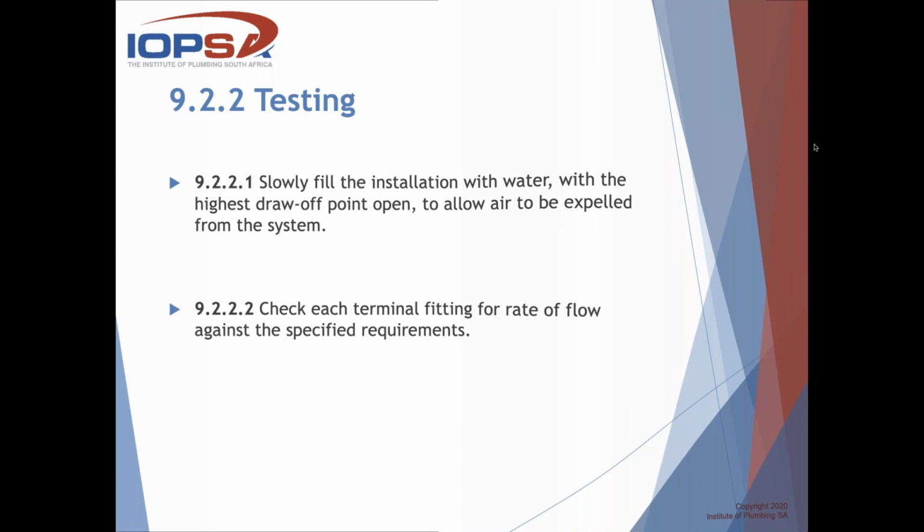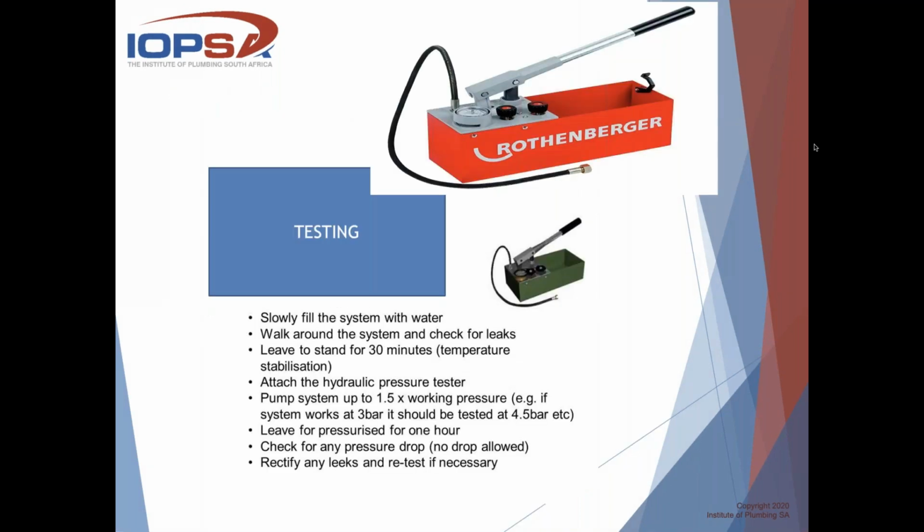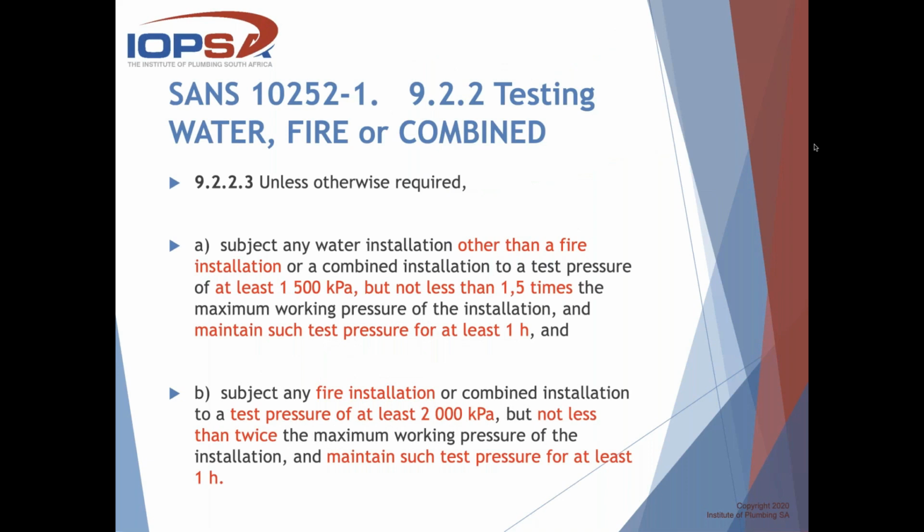So the standard says testing: water, fire, or combined. Unless otherwise required, subject any water installation other than a fire installation or combined installation (combined means where you have fire and normal domestic line in one combination) to a test pressure of at least 1.5 kilopascal, but not less than 1.5 times the maximum working pressure of the installation, and maintain such pressure for at least 1 hour.